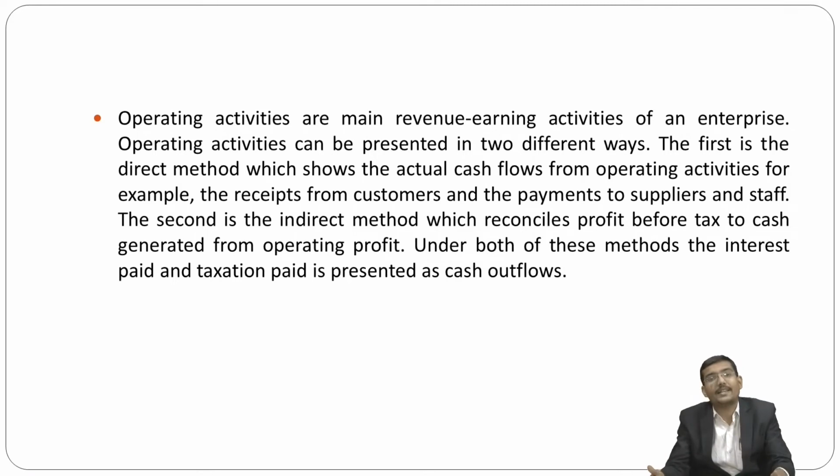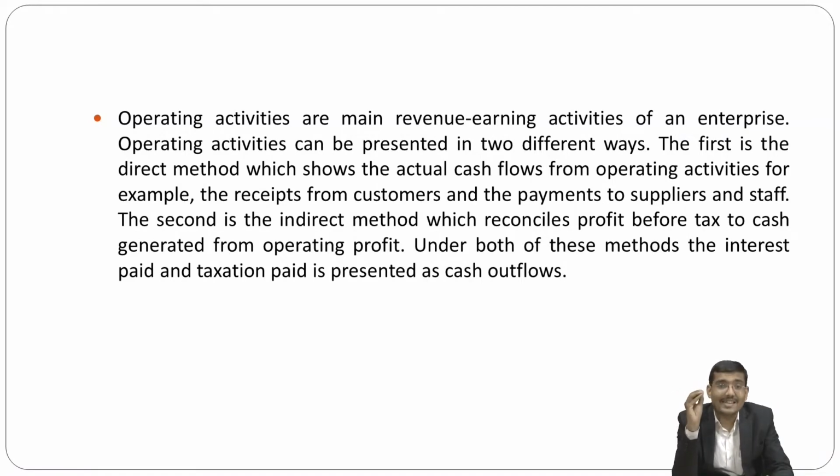The operating activities are the main revenue earning activities of an enterprise. The operating activities can be presented in two different ways. The first is the direct method, which shows the actual cash flow from operating activities, for example, the receipts from customers and the payments to suppliers and staff.